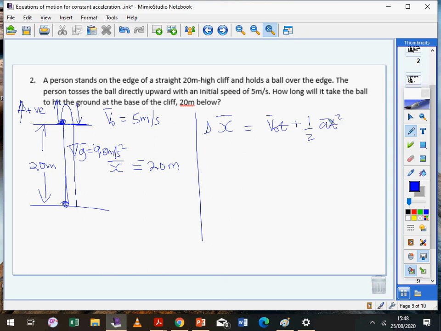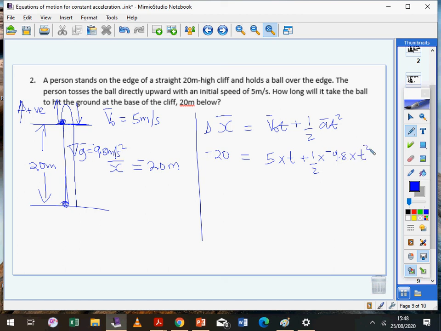Change in displacement is negative 20. Initial velocity is 5. Time is what I want. Half times acceleration due to gravity, negative 9.8, times t squared.